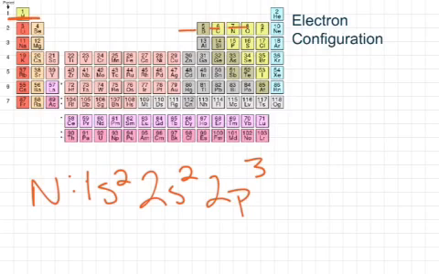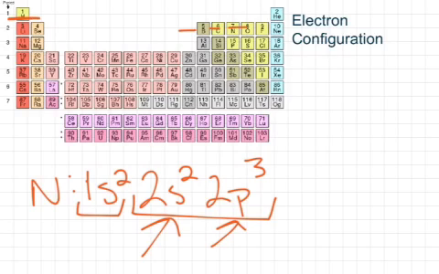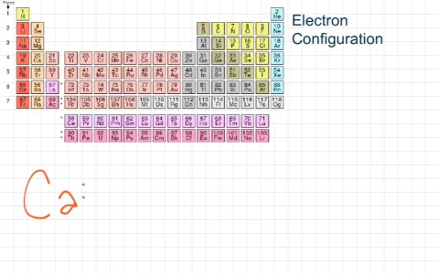So let's talk about that for a second. What we're saying here is nitrogen has 2 electrons on level 1, and it has a total of 5 electrons on level 2. But 2 of those electrons are in an s orbital and 3 of them are in p orbitals. So one last time, just for clarification, let's do all 40 of calcium's electrons.